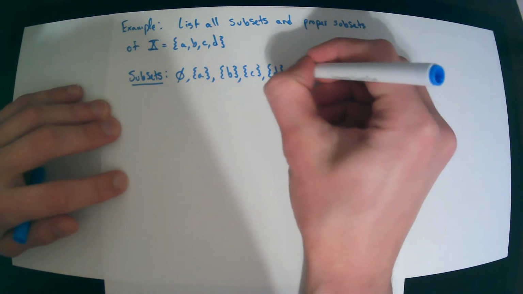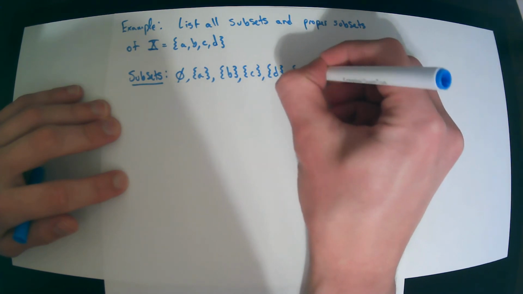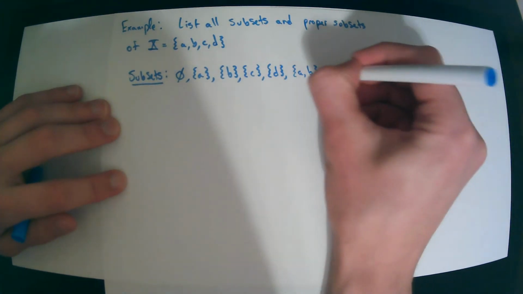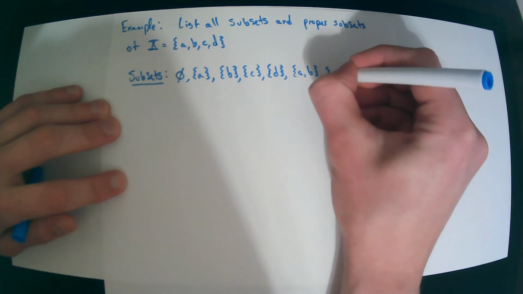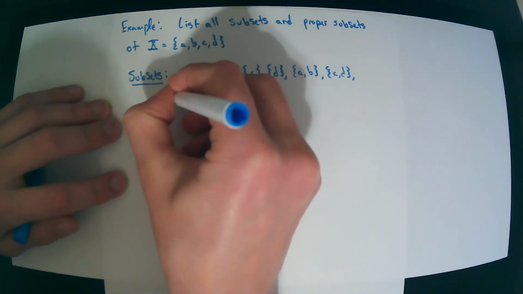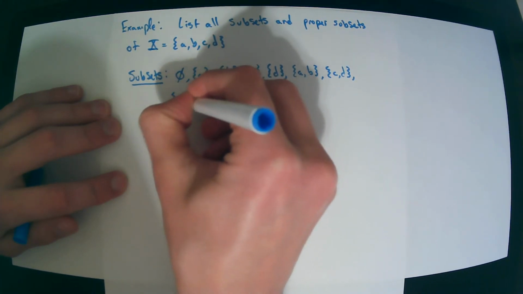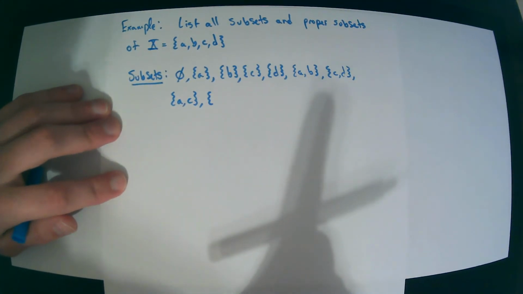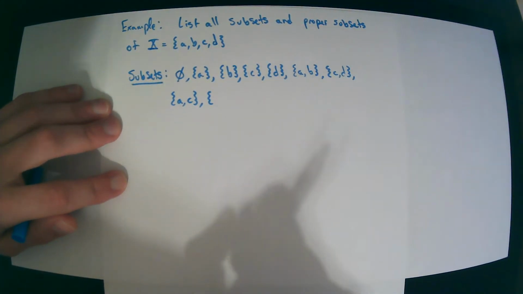But then what about this set, A, B? Sure, why not? And then if that's the case, then what about C, D? Good, okay. What about AC? Okay, and I want to make sure I don't copy any of these, or write them twice.